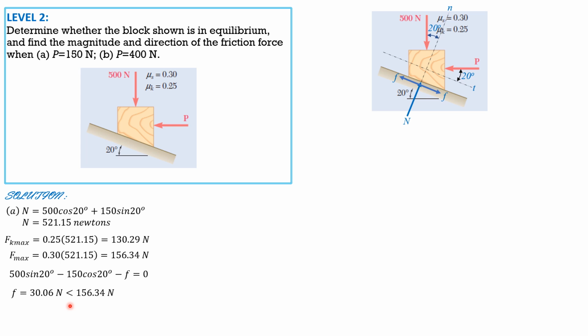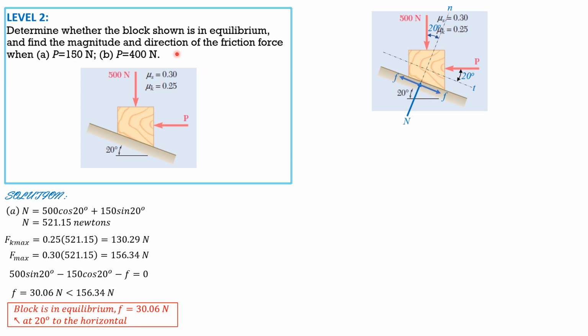So the conclusion: the block is in equilibrium and frictional resistance is 30.06 newtons at 20 degrees to the horizontal, up to the left or along the inclined plane.